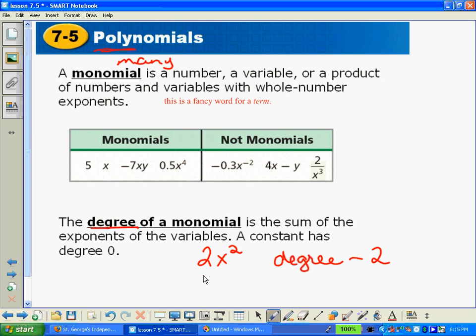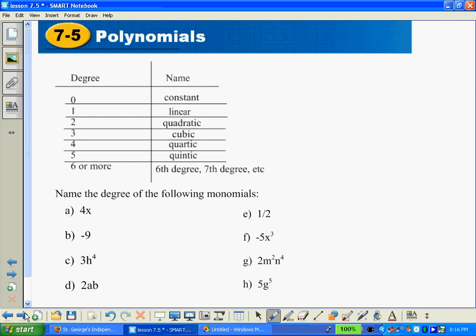On the next page I have a chart of all the names. If something is degree 0, the name of that is constant, and an example of a constant is 7. If degree 1, it's called linear. So x is linear because what's the exponent of x? It's an understood 1. Degree 1 is linear.